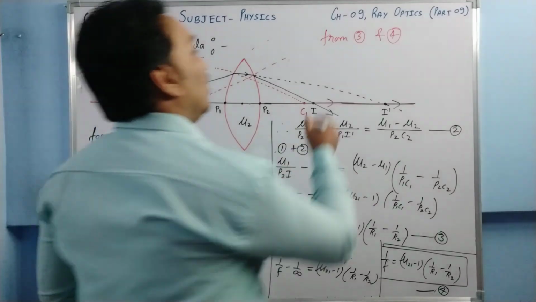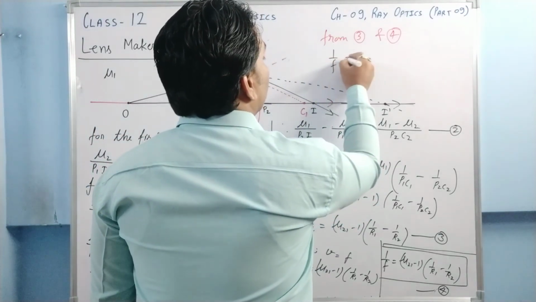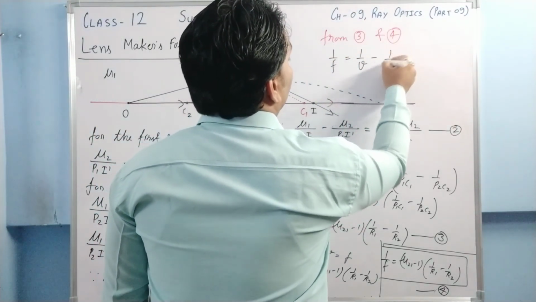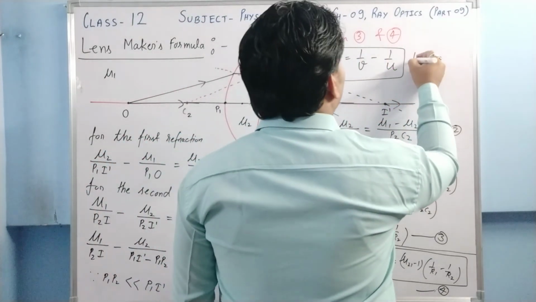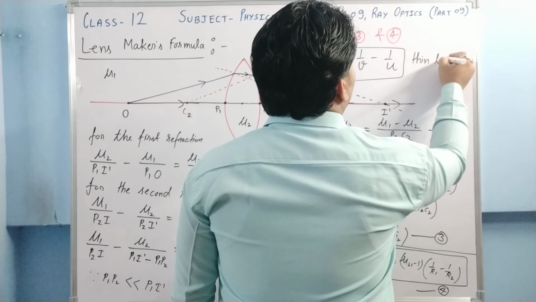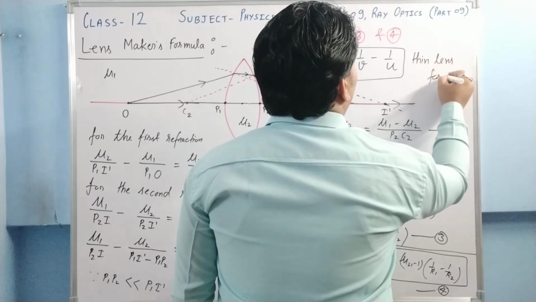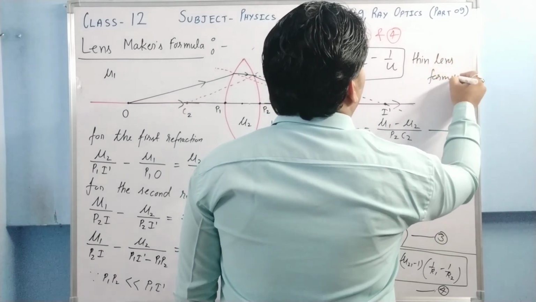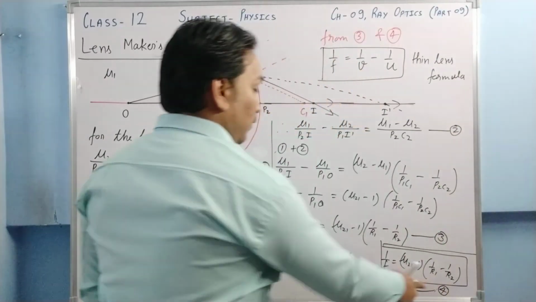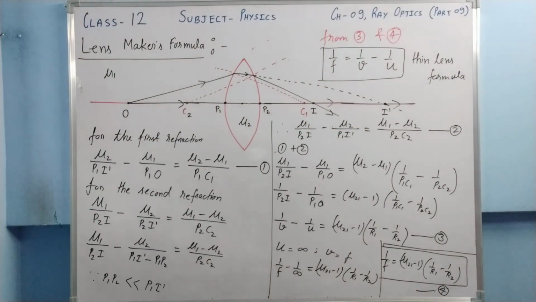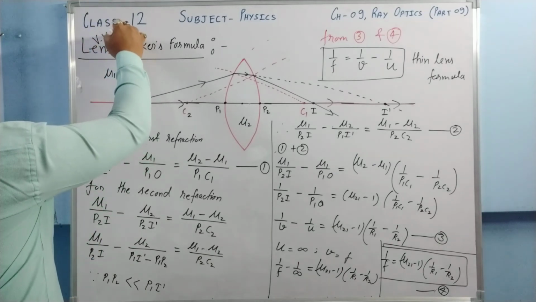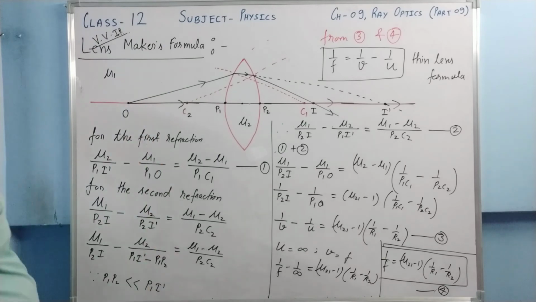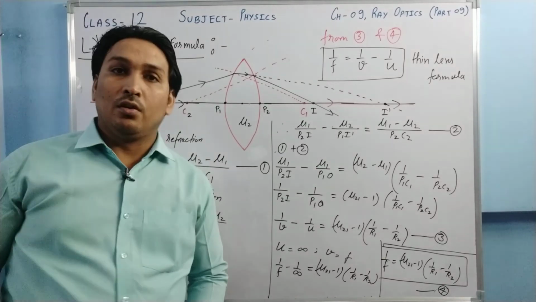So we can write 1 upon f is equal to 1 upon v minus 1 upon u. This is called the thin lens formula, and equation number 4 is called lens maker's formula. This derivation is very important with respect to your exams and your knowledge also.